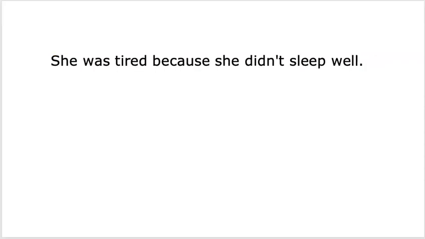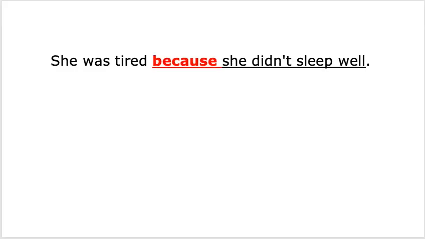Let's look at this one. She was tired because she didn't sleep well. Because she didn't sleep well is the dependent clause. And notice it is in the middle of the sentence, so we do not need a comma.